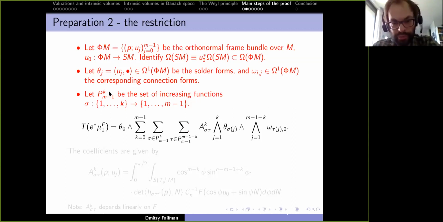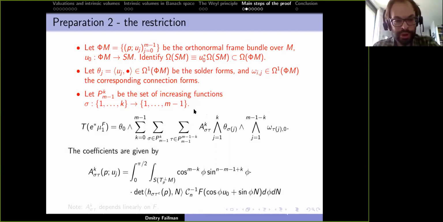Okay, I don't want to nail down all the notation. What we should take out of that is that we can represent the restriction of the evaluation in terms of all those standard forms with some coefficients. And those coefficients are what we need to determine. If those coefficients turn out to be intrinsic, then good. If not, then bad, basically.